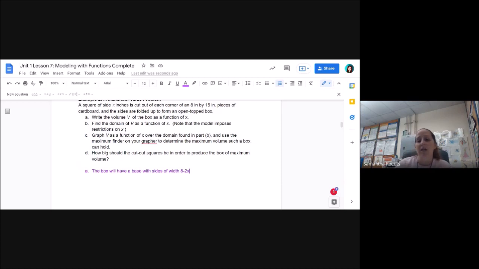And we're subtracting 2 times the cutouts. So that whole thing is 8 minus 2 times the squares that you cut out. And the length is 15 minus 2x, because if you have 15 inches and you cut this off and you cut this off, those are the same because they're squares.